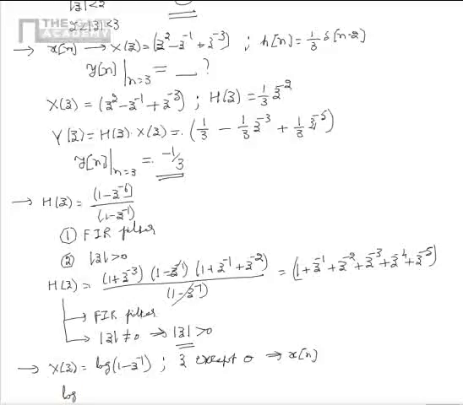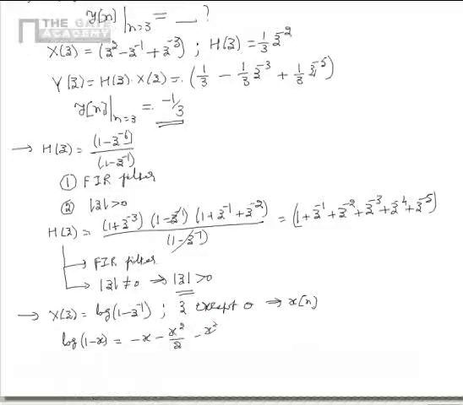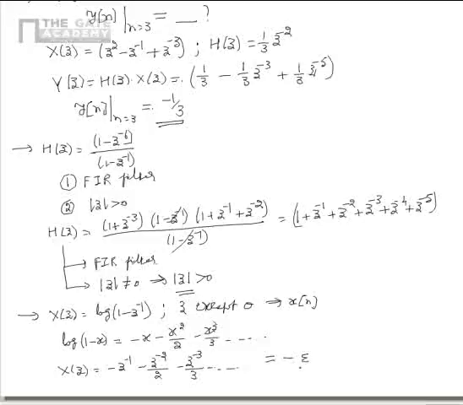We know that log(1 - x) can be expanded as -x - x^2/2 - x^3/3 and so on. From this, X(z) can be written as -z^-1 - z^-2/2 - z^-3/3 and so on, which can be represented in summation form as minus the sum from n = 1 to infinity of (1/n) z^-n.